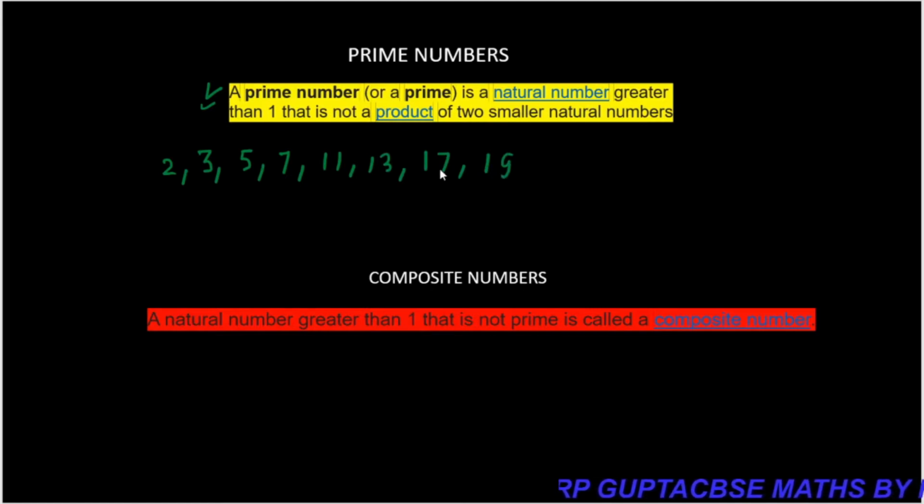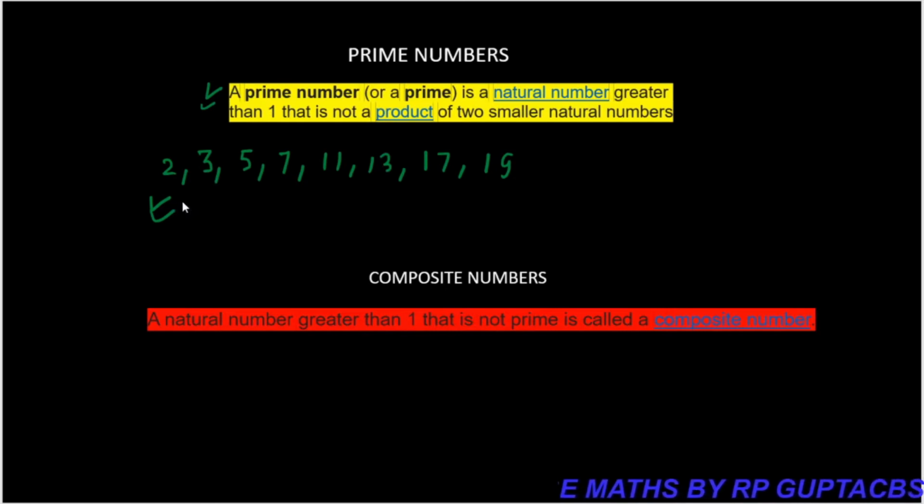These are the numbers which are not divisible by any number except 1 and themselves. These are the prime numbers. So I can also say one thing: the numbers which are divisible by itself or 1 are called prime numbers.